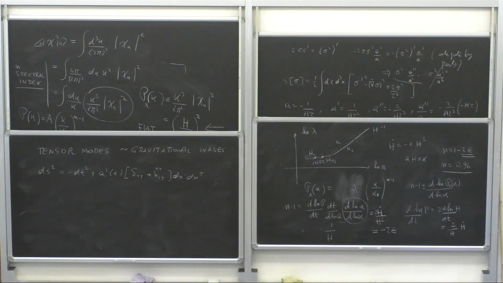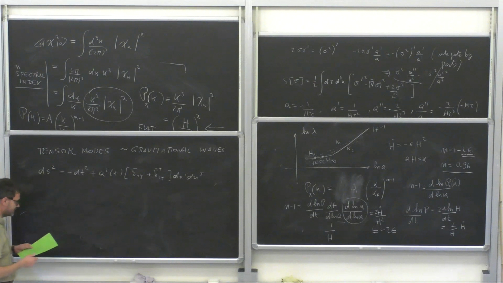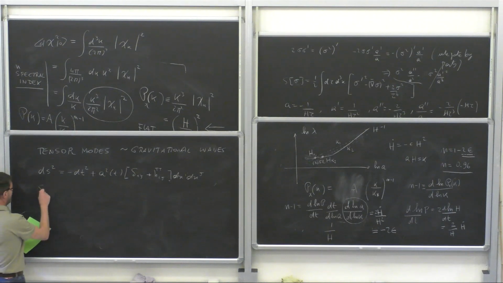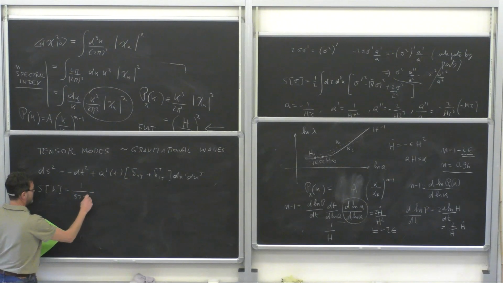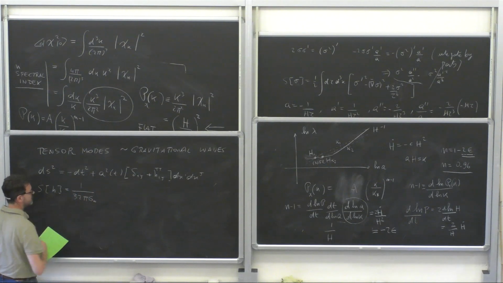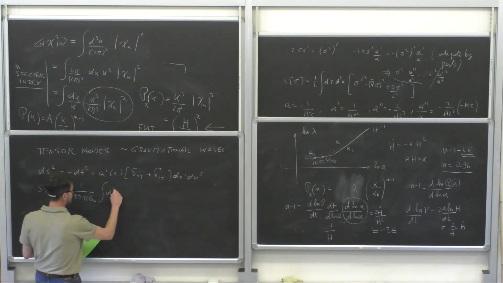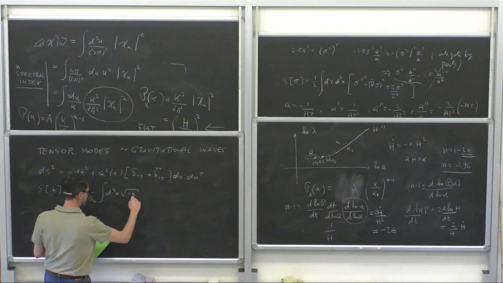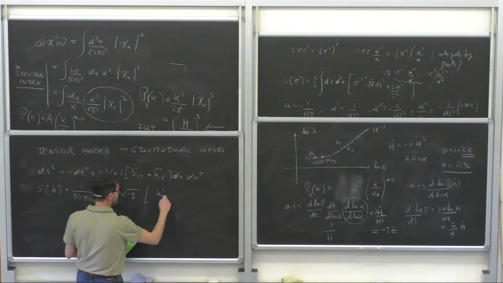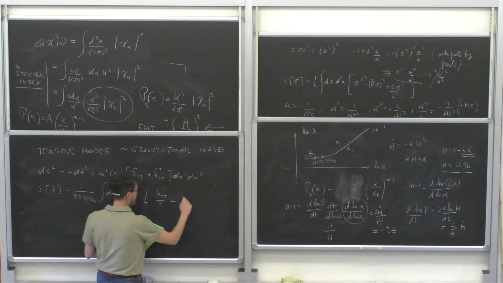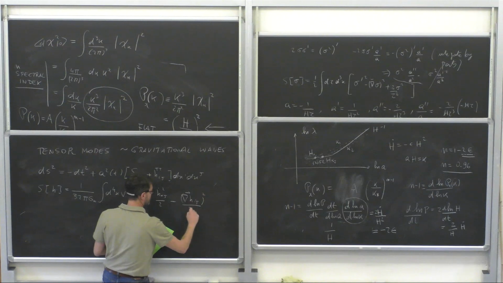So if I now write down the action of these degrees of freedom in de Sitter, S of h is 1 over 32 pi G Newton, if I introduce this in the Einstein-Hilbert action, then I have the integral d^4x square root of minus g, and then I have h dot squared ij divided by 2 minus the gradient of hij squared divided by 2.